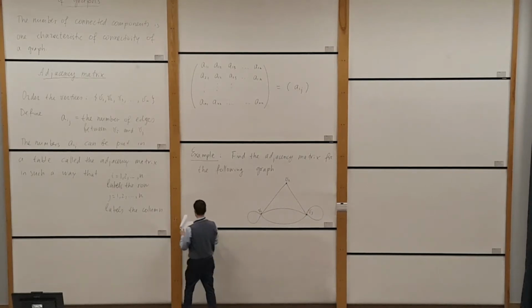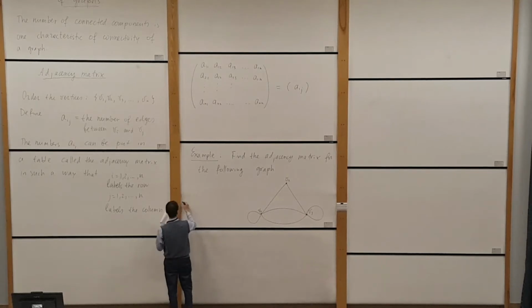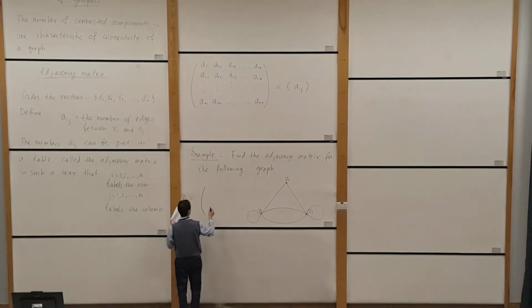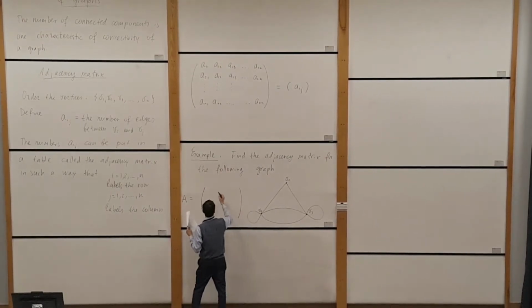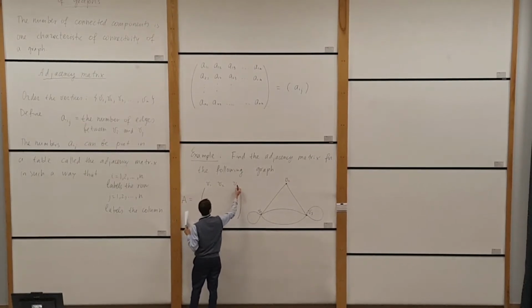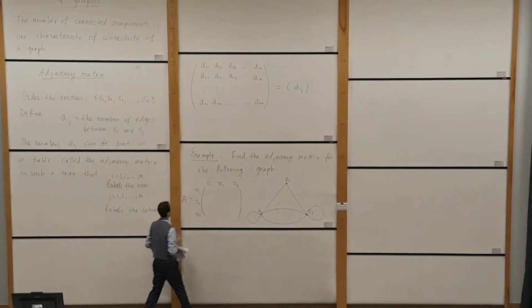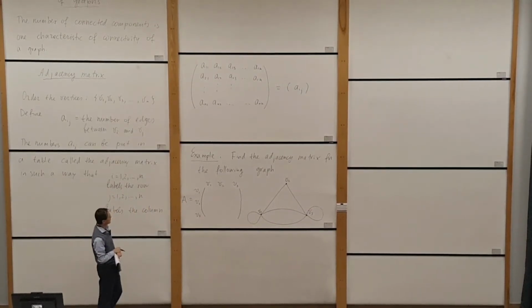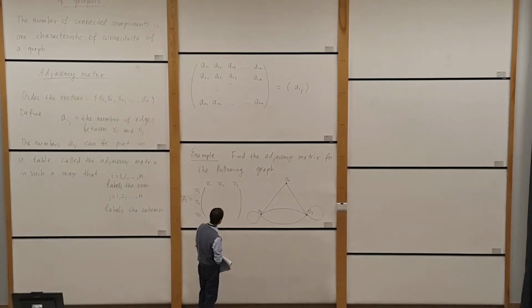Okay. So the adjacency matrix for this graph, let's call it capital A, will be a 3 by 3 matrix because there are three vertices. I can label the columns with the vertices and the rows as well. You can just write 1, 2, 3, or V1, V2, V3 to see that it corresponds to the vertex.